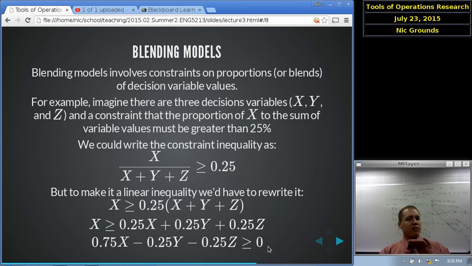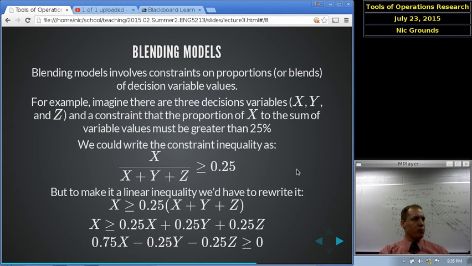Blending models involve a constraint on a percentage of decision variable values, which you could write intuitively in something like this form. However, you can always convert them to something like this form to make them a linear function in order to use a linear optimization approach to solve the problem.